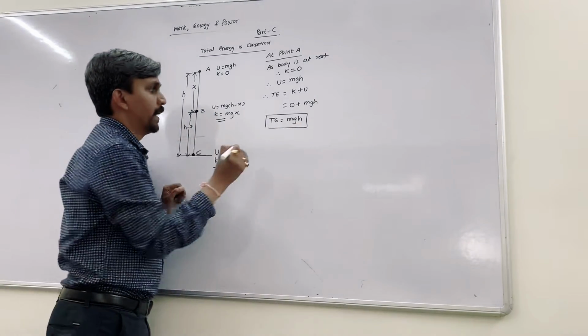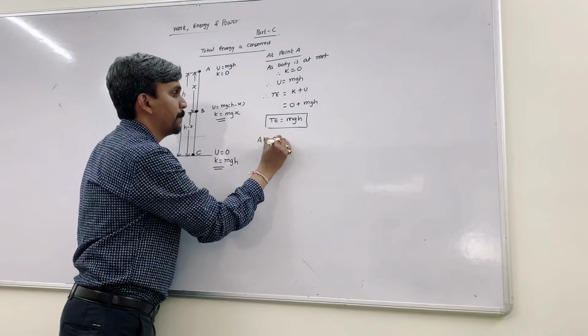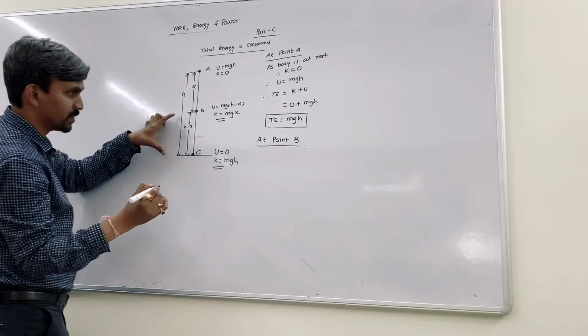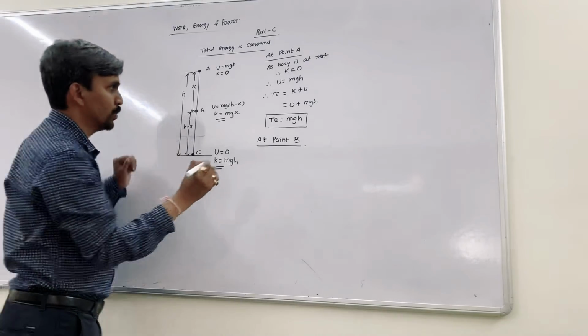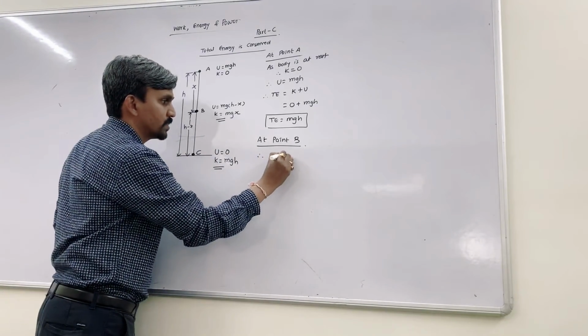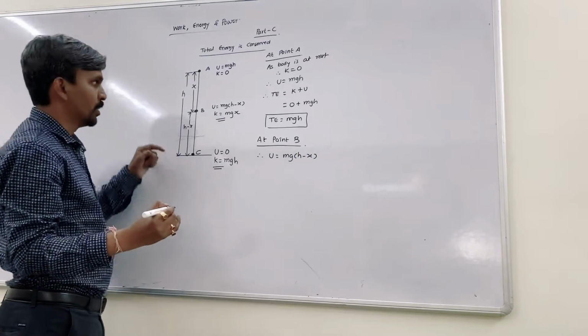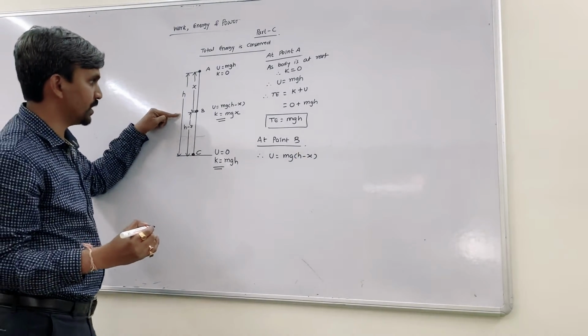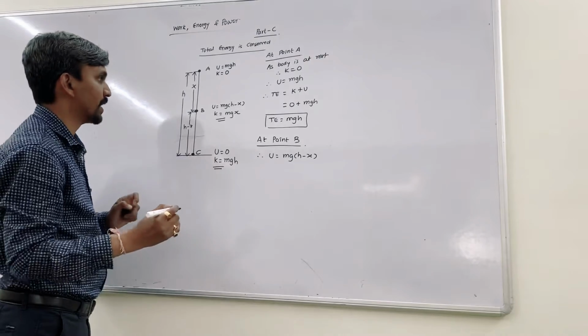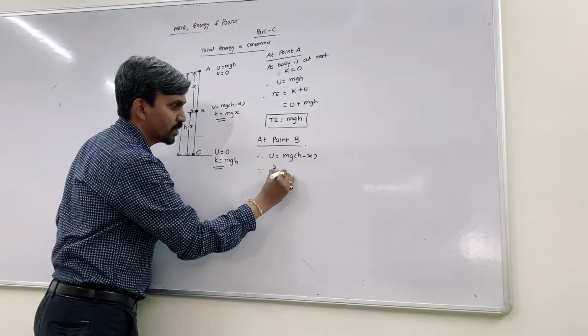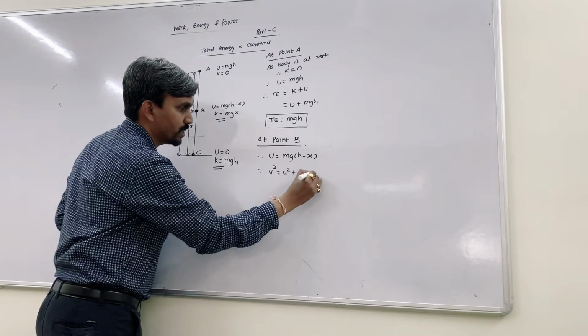Now at point B, what is the height? Only this is the height. So potential energy will be mg, height is h minus x. Now I want to find the velocity at this point. For that I have to use a kinematical equation, the third equation, v square equals u square plus 2as.